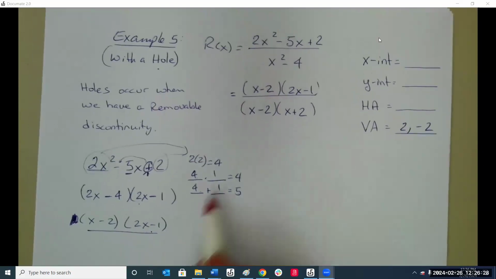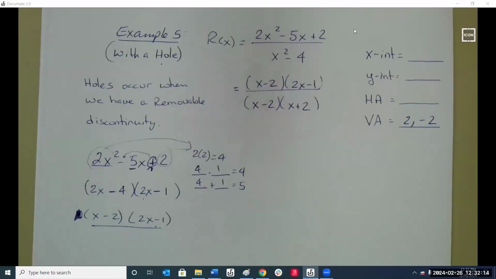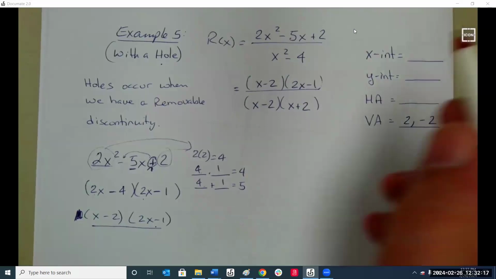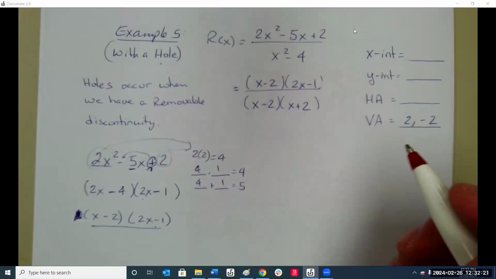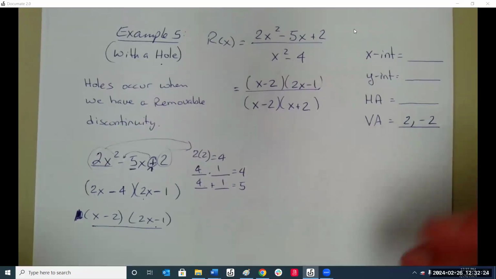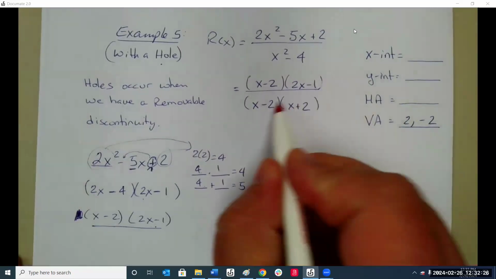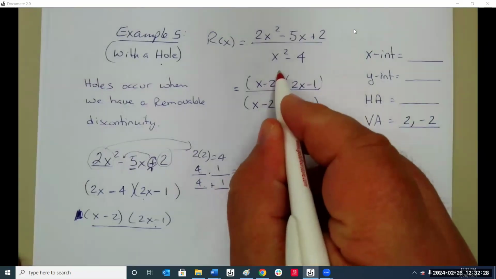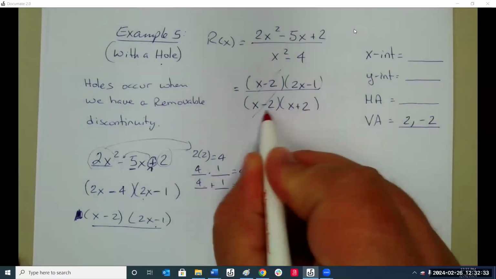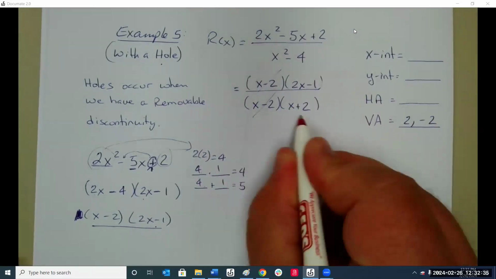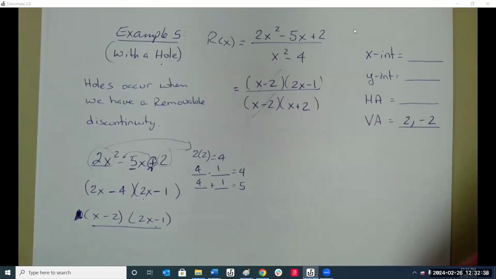But now, remember, we'll have a hole because we can cancel it out through that vertical asymptote. We first have to notice what asymptotes we have. Even though the x minus 2s are going to cancel, we have to take into consideration that our points of contention are going to be 2 and negative 2.